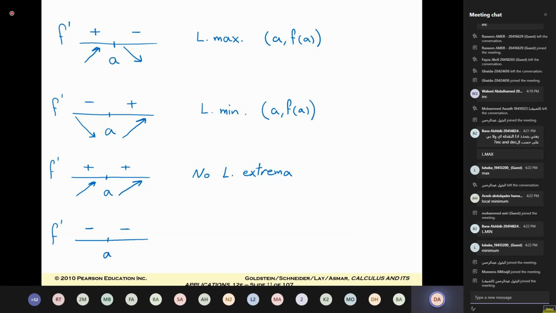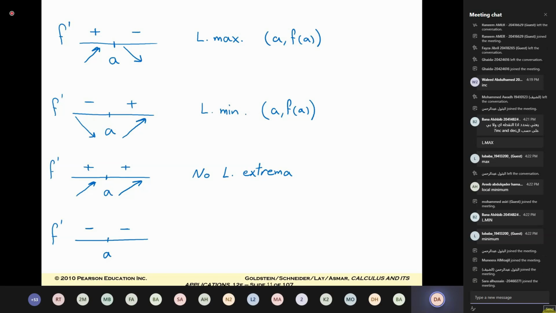Okay, so if we have no change, positive, increasing around A from left and right, this is no local extremum.